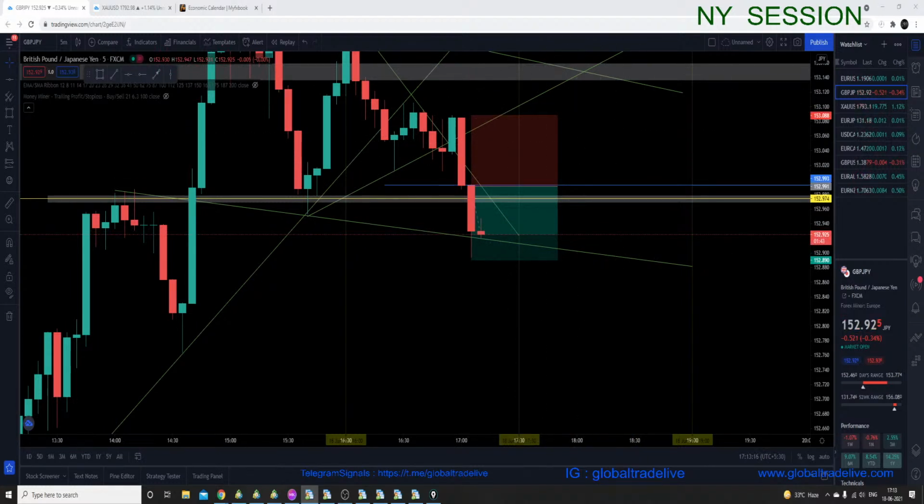So I'll just close everything once it reaches my break-even level. I'm not shifting my stop loss because sometimes due to spread or something you get out of the trade. So yeah, I'm just watching, and I'll close everything once it reaches my entry point.